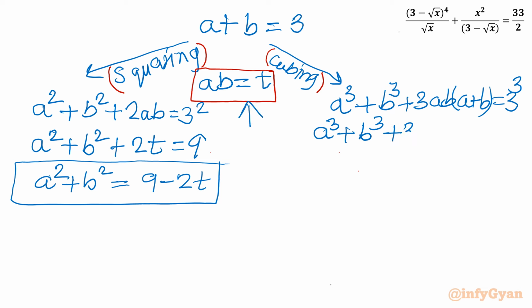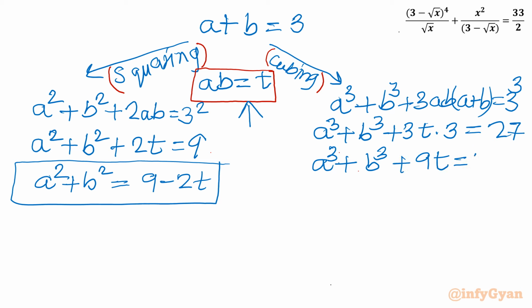So I will write 3 times t, a plus b is 3, and 3 cube is 27. So from here I can write a cube plus b cube plus 9t equal to 27. Or I can write a cube plus b cube value is equal to 27 minus 9t.